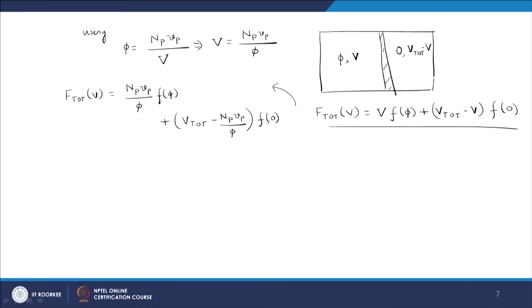Okay. So, now we know that pi is minus dou F dot by dou V. I have already replaced capital V by phi.